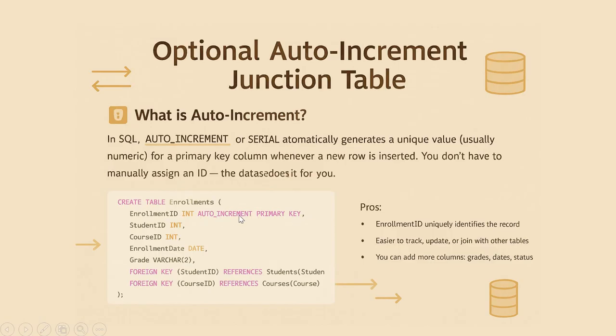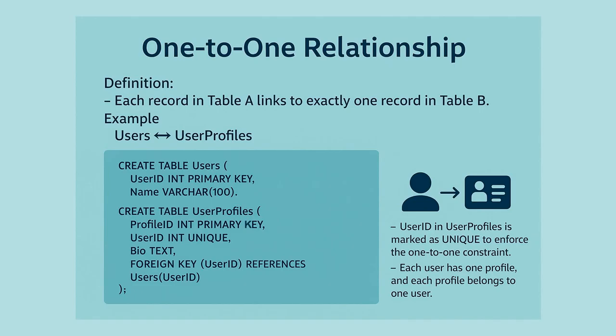By this way, we will skip the errors. We will be sure that the ID will be incremented automatically. So just a notification if you want to add the ID automatically, not manually. So this is the many-to-many using SQL.